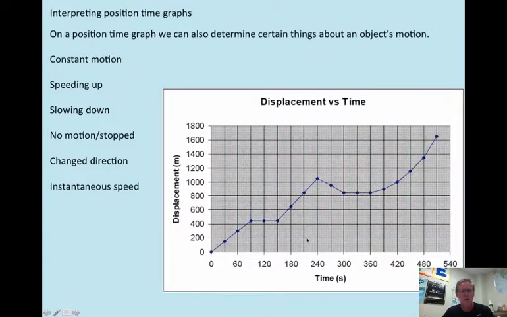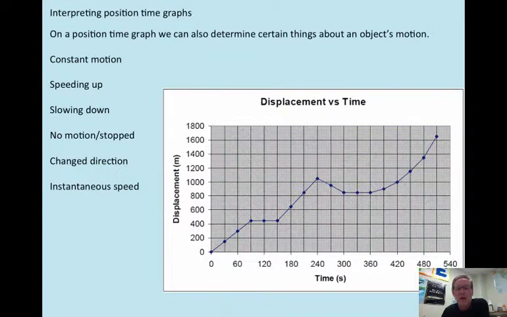Okay, this next part, we want to be able to identify different things on a position time graph, things that we can quickly identify based on the slope or the lack of slope, or if it's a curved line, if it's an upward curve, and so on.